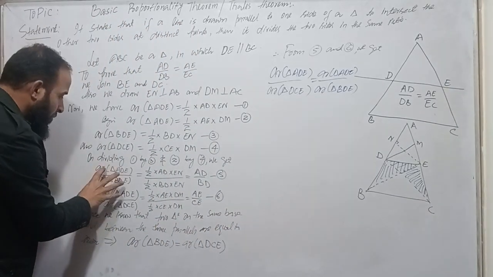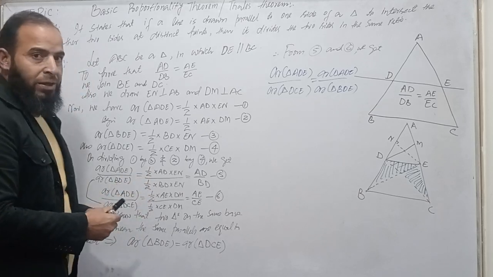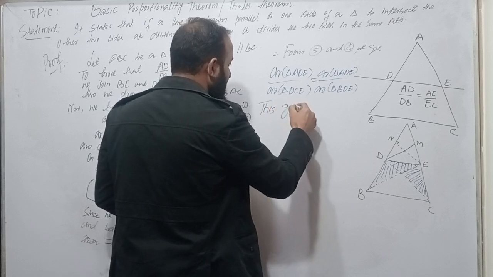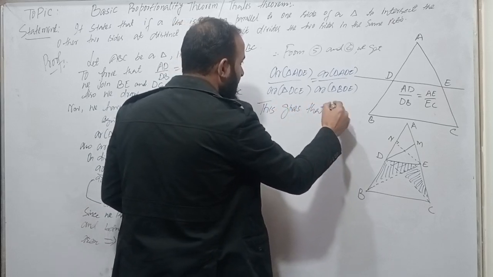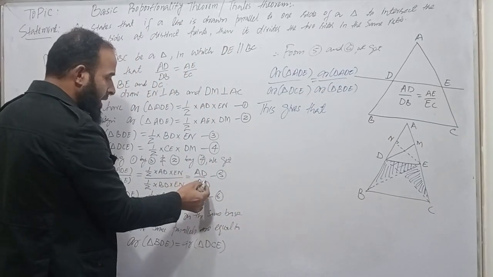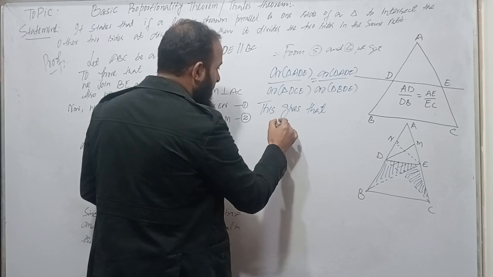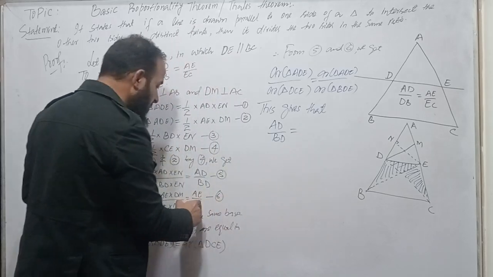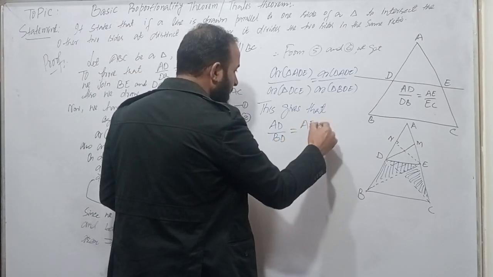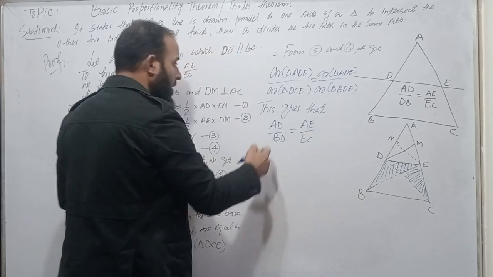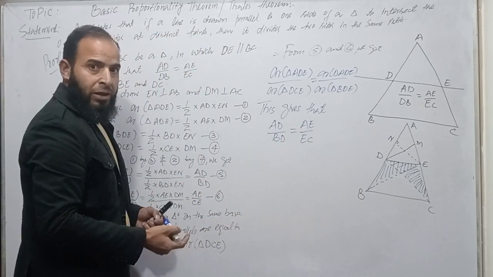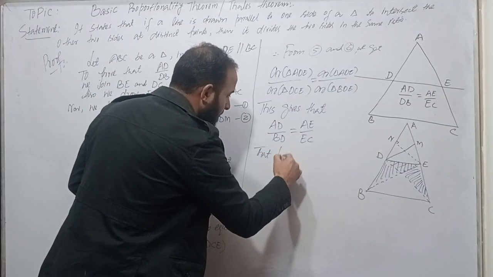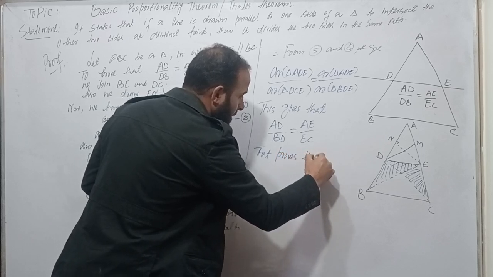When left hand sides of these two equations will be equal, this gives that their right hand sides will be equal, that is AD over BD is equal to AE over EC. That proves the result. That proves the theorem.